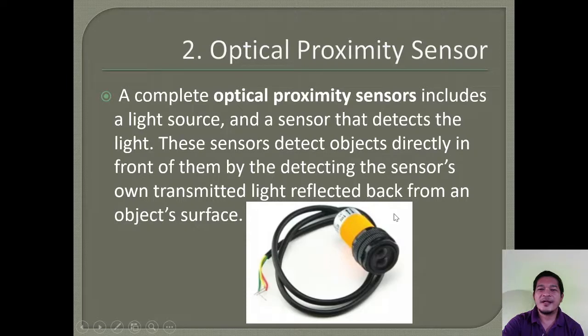Number 2 is the optical proximity sensor. A complete optical proximity sensor includes a light source and a sensor that detects the light.